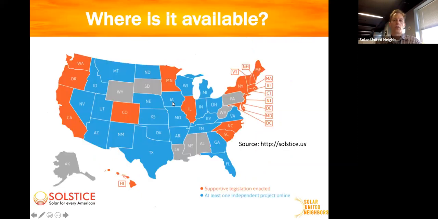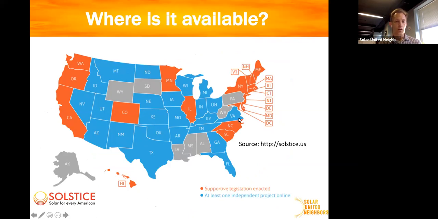We'll keep plowing through. So where is it available? All the red states, thanks to our friends at Solstice. This map is getting updated on a regular basis because new states are adding it. But in the red states, these are places where legislation has actually enacted it. The blue ones are where there are projects, one or two projects, maybe by a utility company, but it's not available everywhere through what they call a state mandate or a legislative mandate.